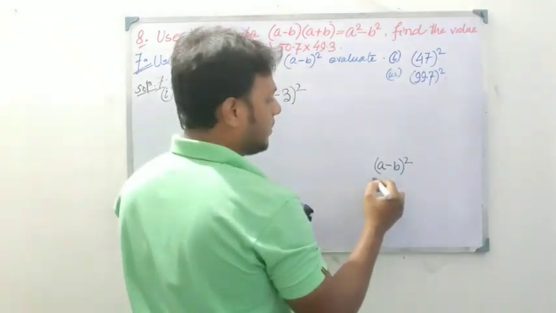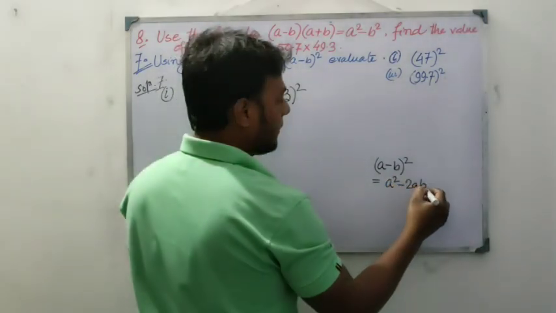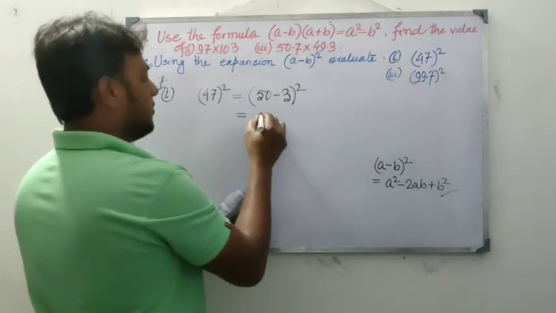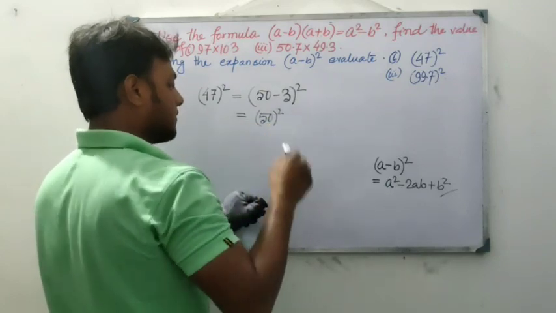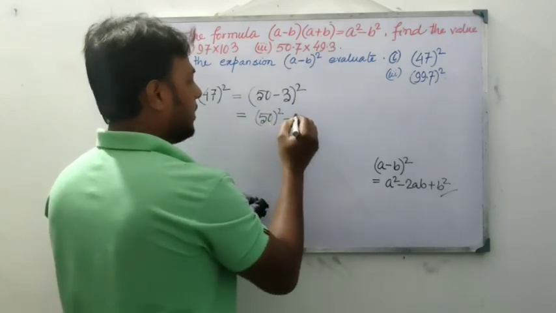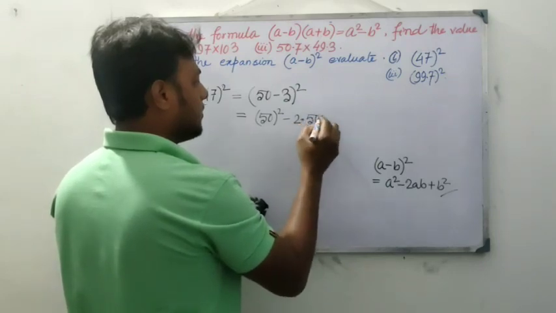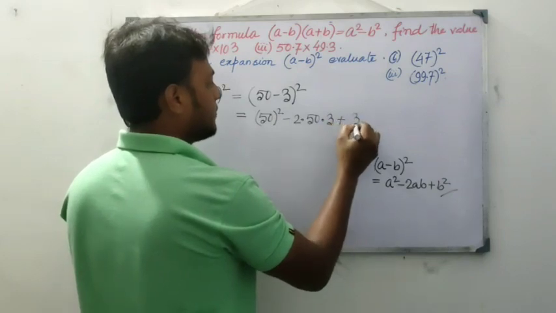What is the identity? It is a square minus 2ab plus b square. So it will be 50 square minus 2 into 50 into 3 plus 3 square.